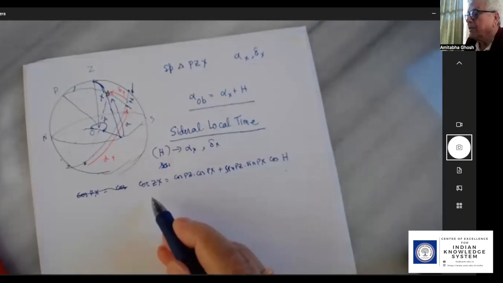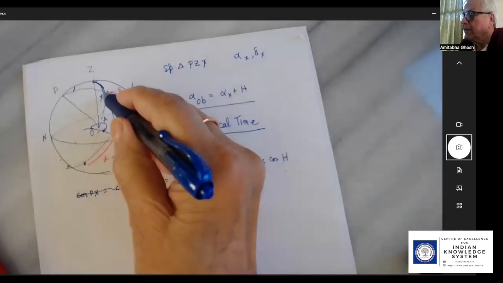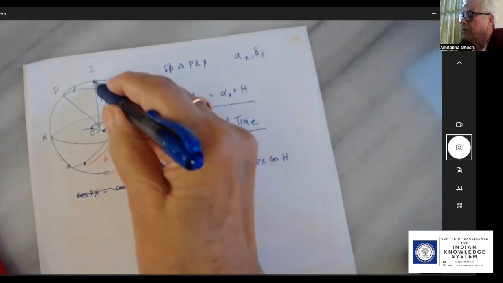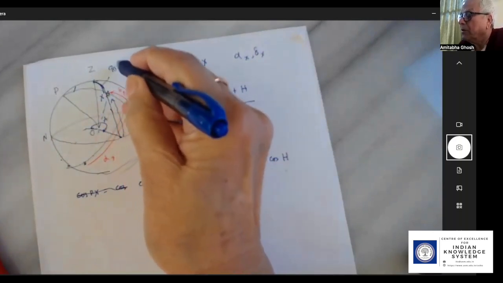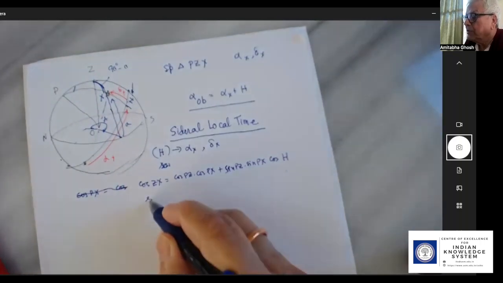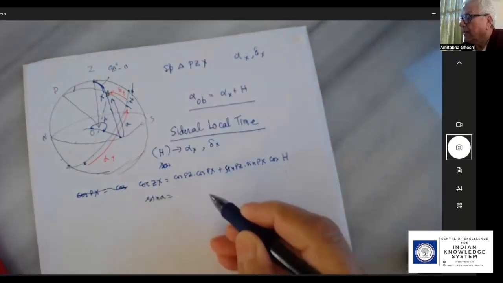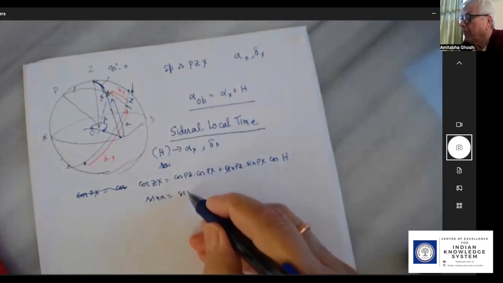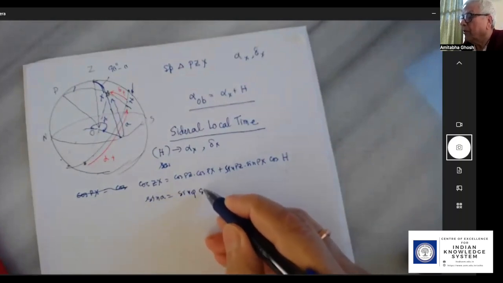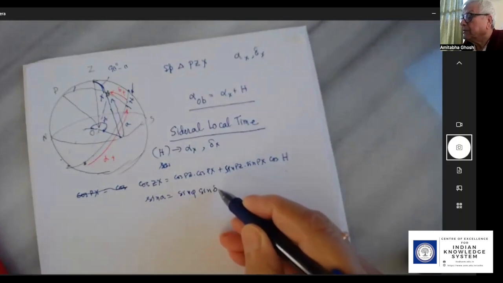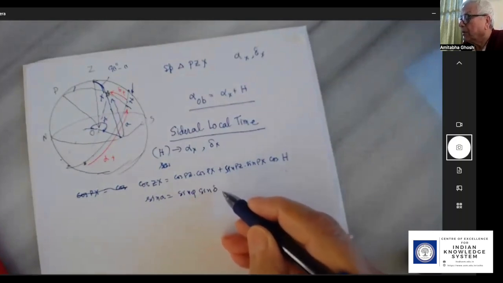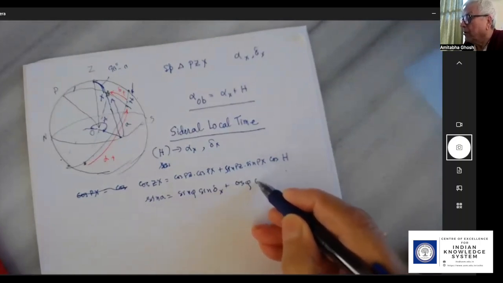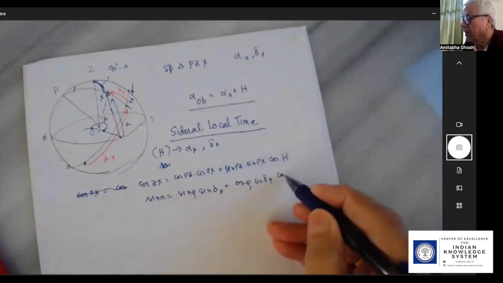Now, how much is cosine Zx? It is nothing but, this is altitude, so it is 90 degrees minus altitude. So it is actually sine A. Sine A is equal to cosine Pz, which is sine of phi, sine of delta x plus cos of phi cos of delta x sine h.